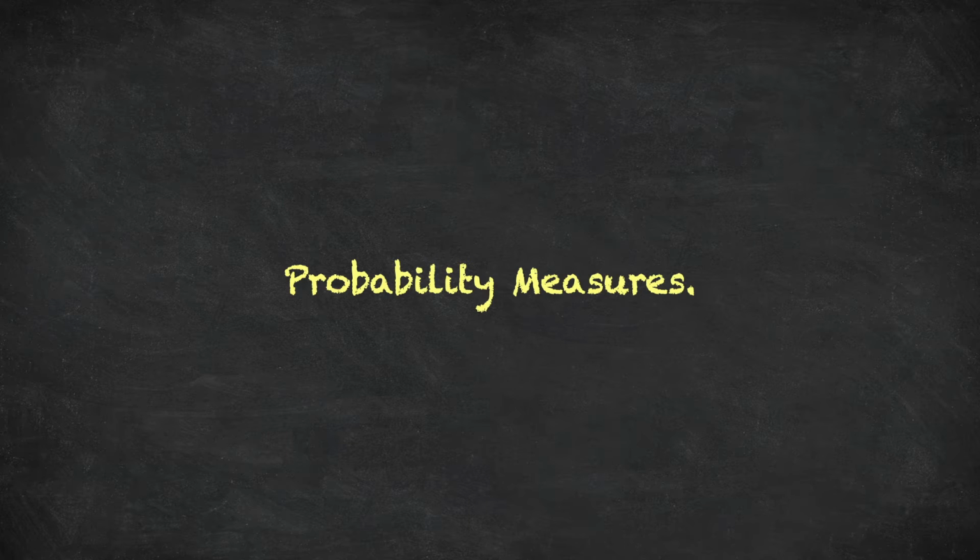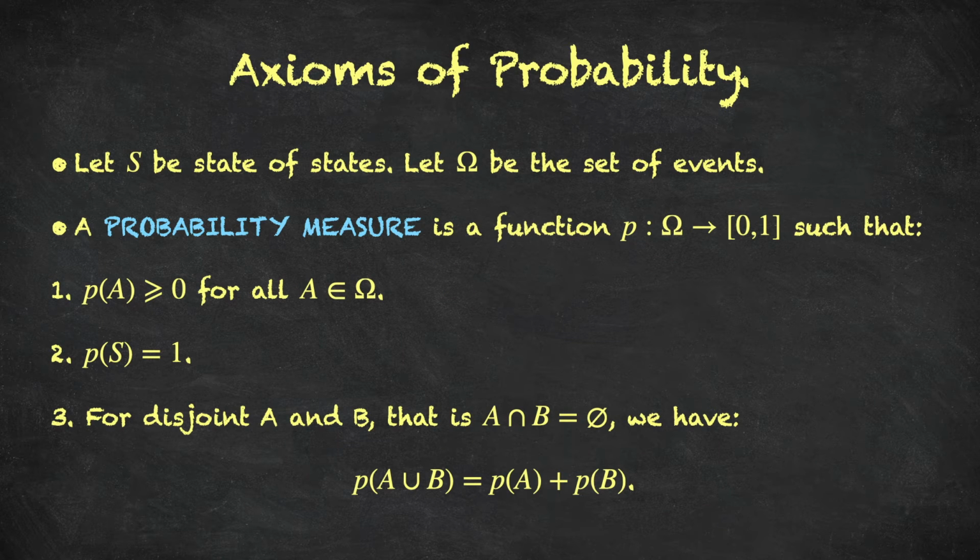Really, however, the more widely accepted approach to studying probability is to work with what are called probability measures. Okay, so this is an axiomatic definition of probability, and a probability measure is going to be a function rather than just a collection of numbers.